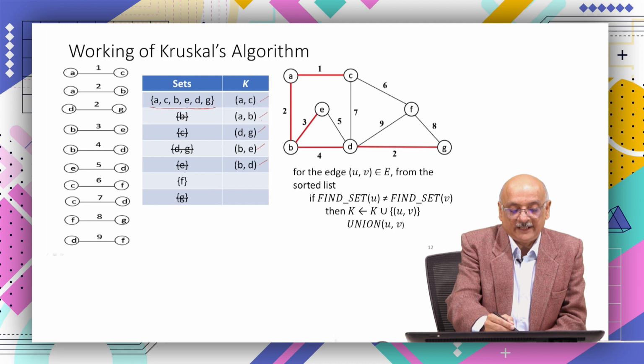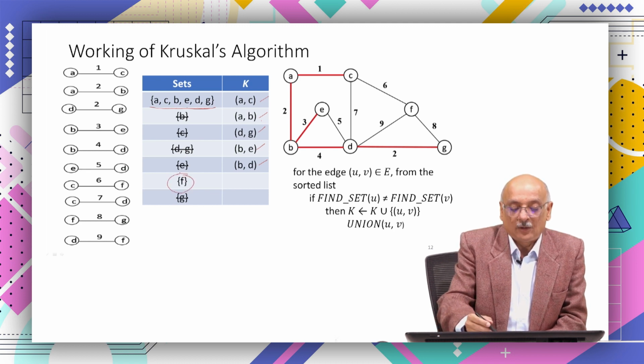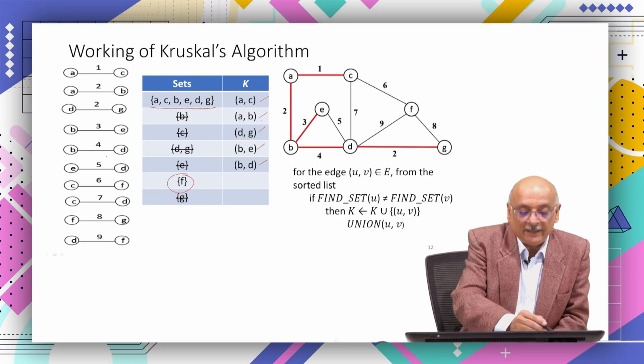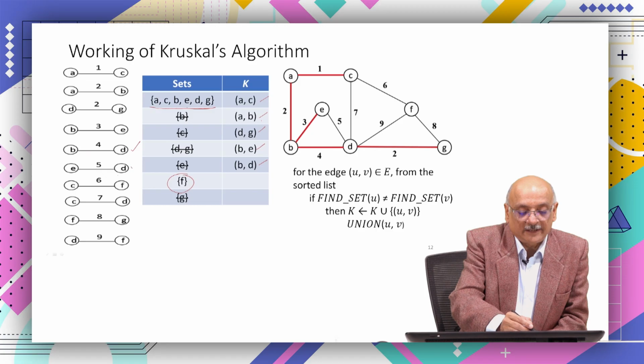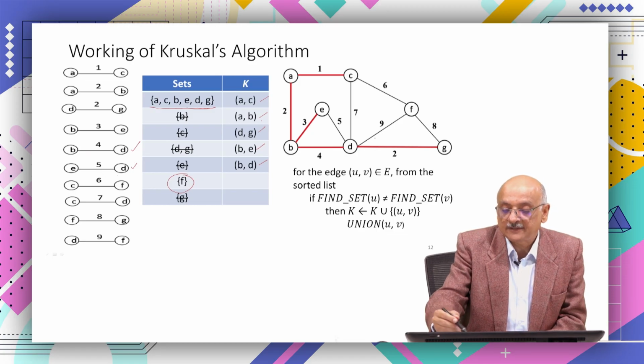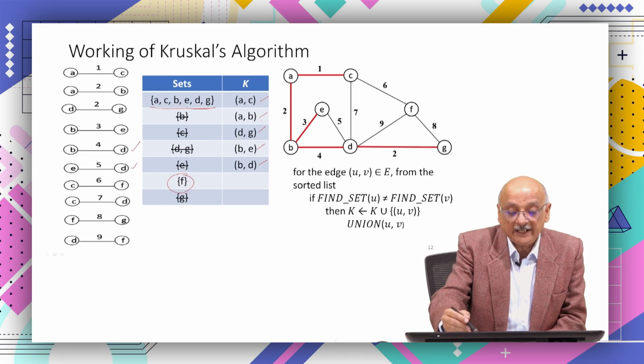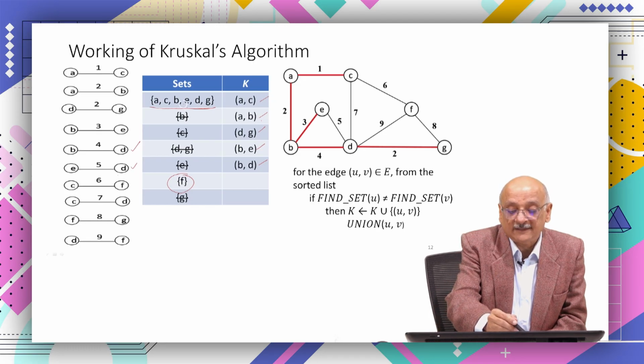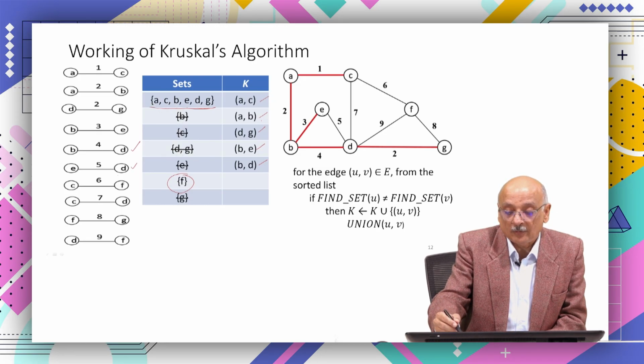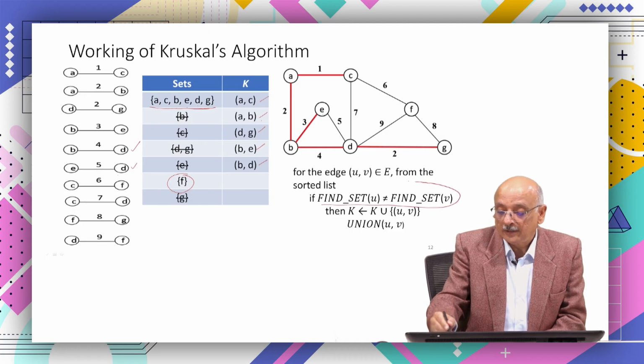You can see only F is another node which is left. At this point BD has been added, so let's look at the next one. It is ED. ED has a weight of 5, but E is already part of this particular set, and so is D. Therefore this condition is false.